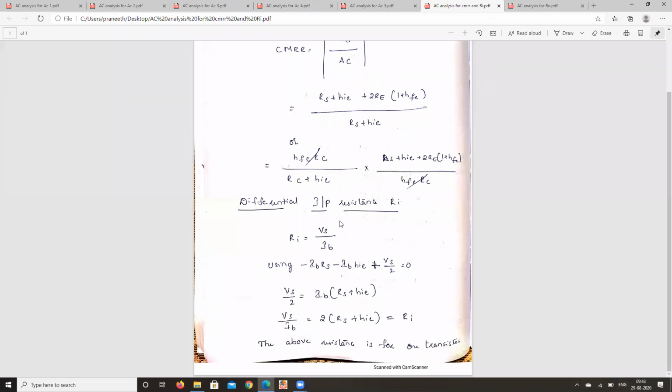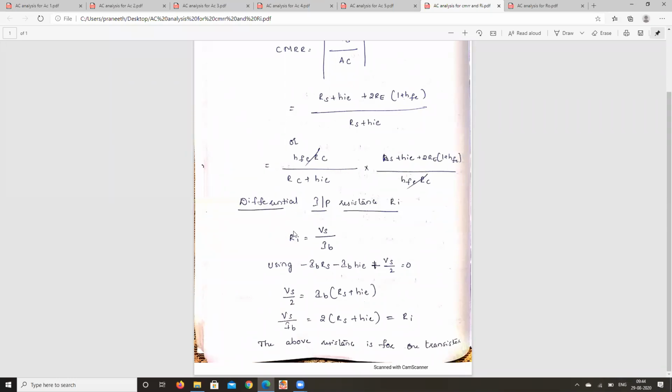Coming to the next parameter that we have to derive, the next parameter is input resistance. For this input resistance, we need to go to the circuit which we derived for differential mode gain, the hybrid model circuit, and we will use that. Are you listening?